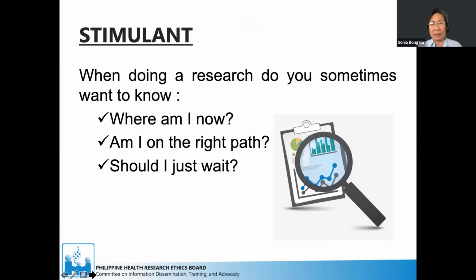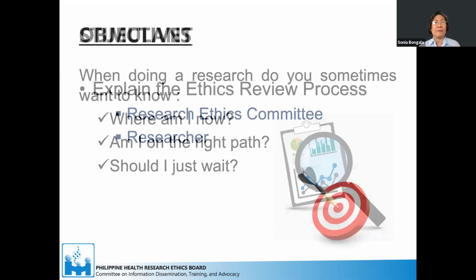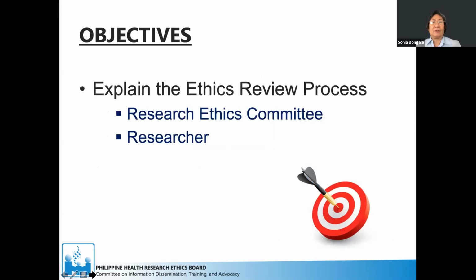It's not a long wait actually, because in the SOP of most RECs, there are timelines stipulated for each specific process and for each step in the process. Okay, so this will be interesting to both the REC members and the researcher.